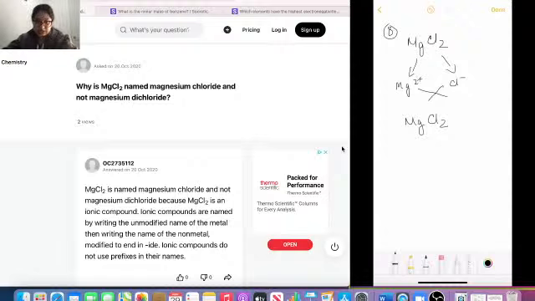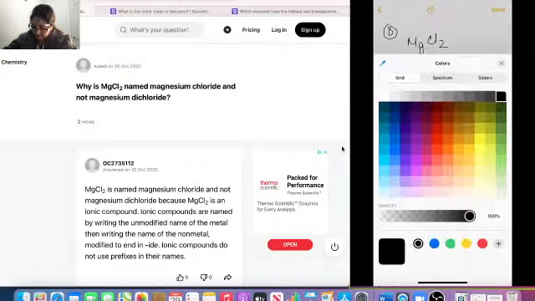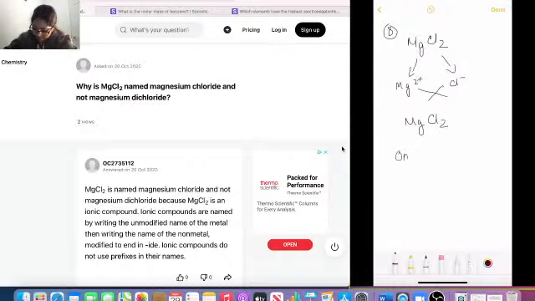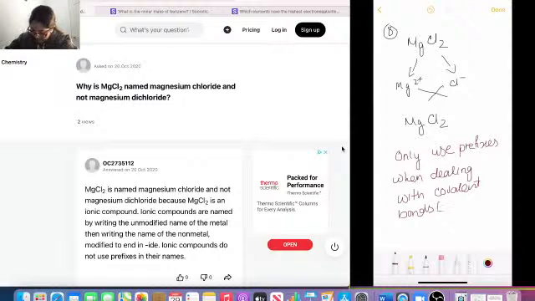You only use prefixes when dealing with covalent bonds, when you have a non-metal and a non-metal.